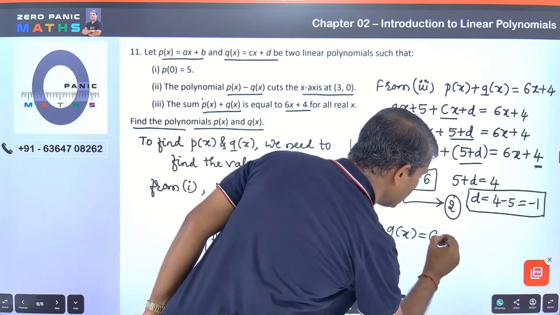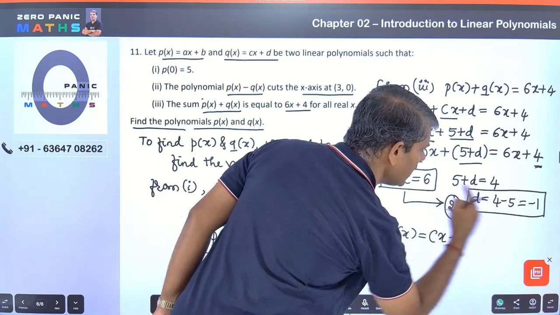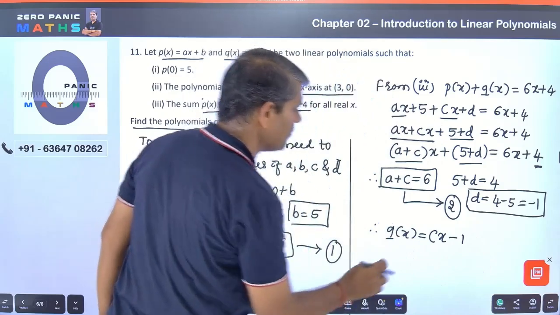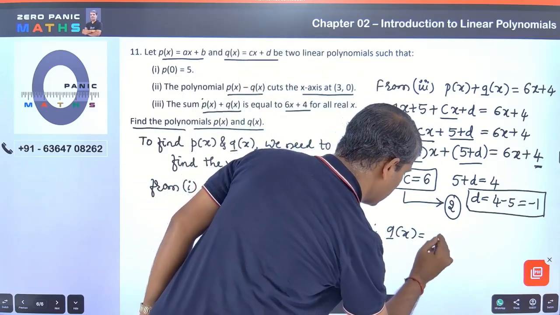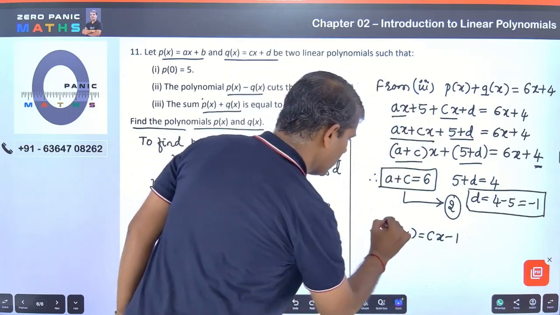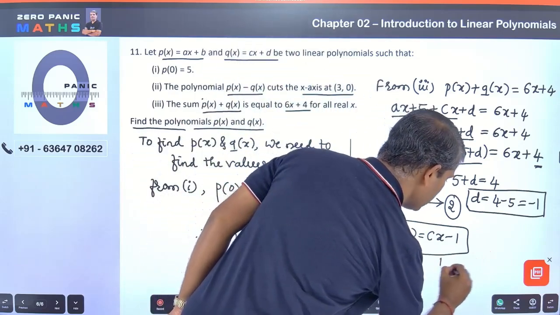So I can write it as cx minus 1, because d value is minus 1. Okay, let me write it correctly. Cx minus 1. Okay, so this I will consider as equation 3.